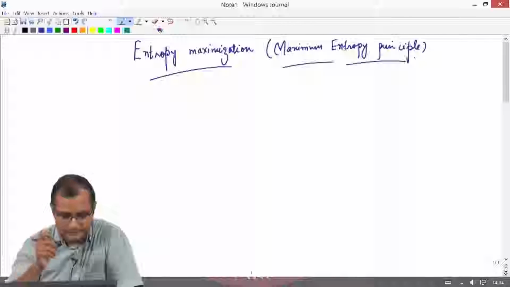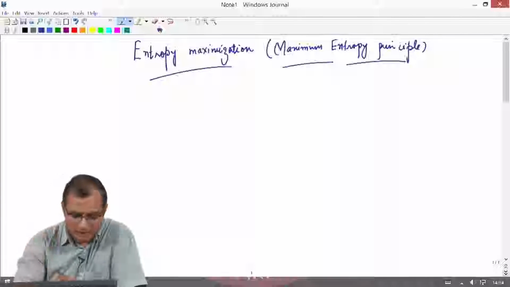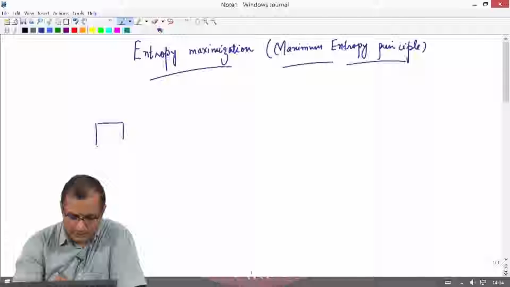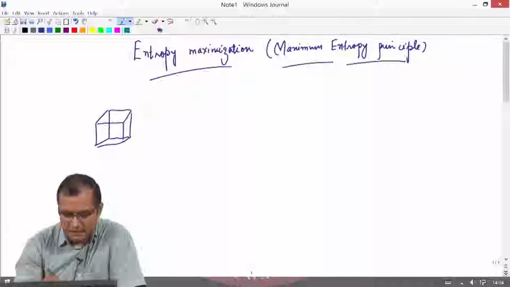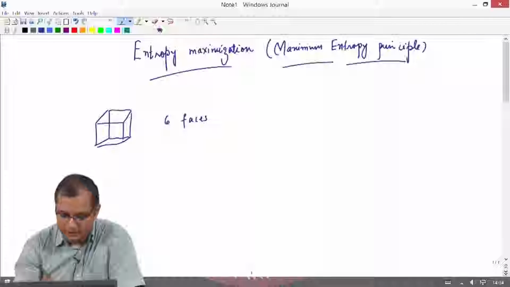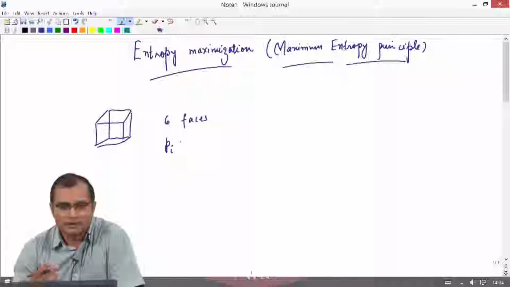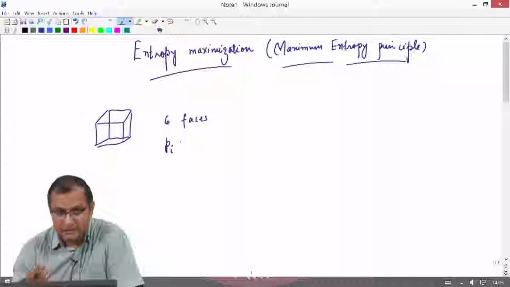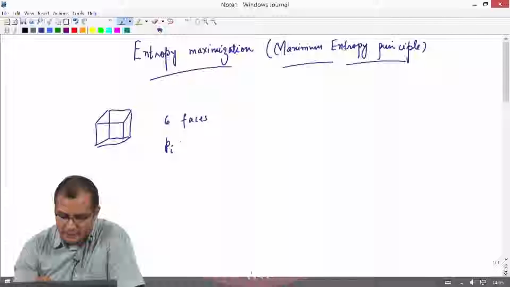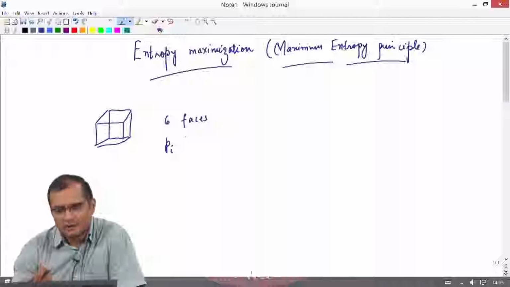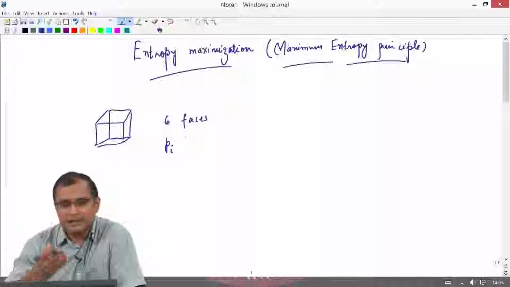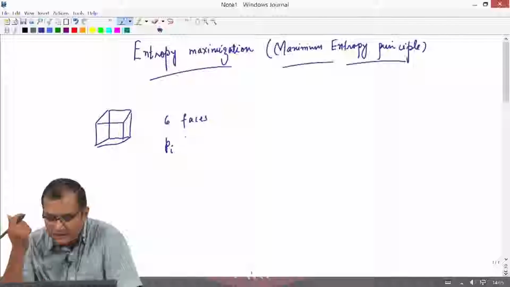Now, we saw earlier that if you take a die and say that its faces are all unbiased, which means there are 6 faces, and you roll it n times, then it is expected that 1/6 of n would be the number of occurrences of any ith face.